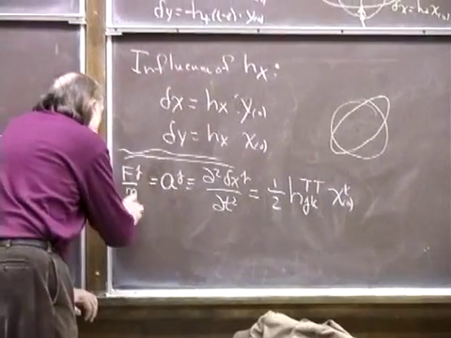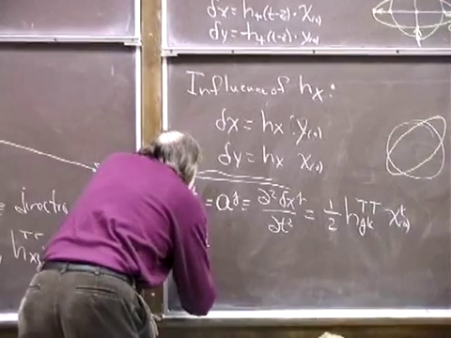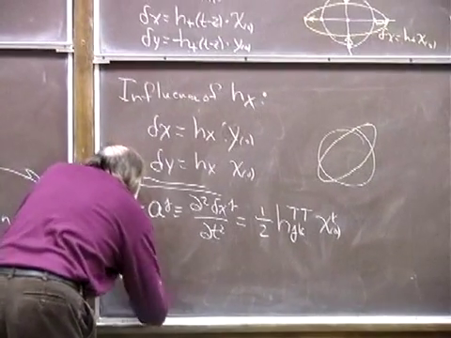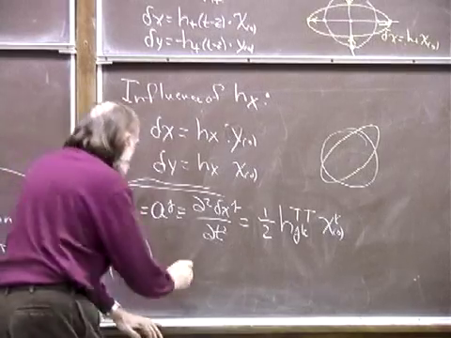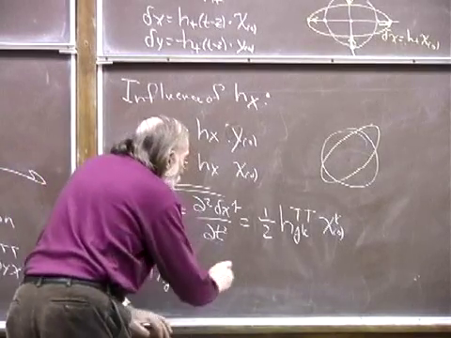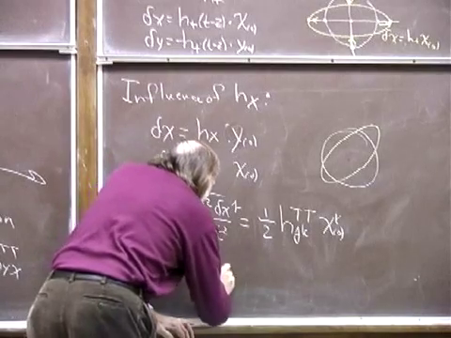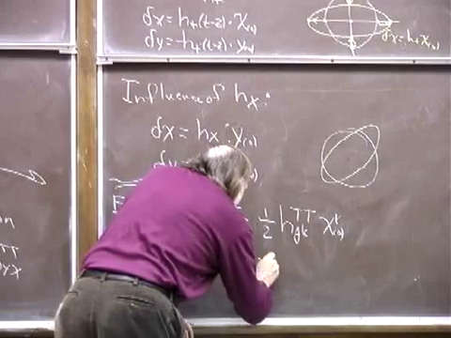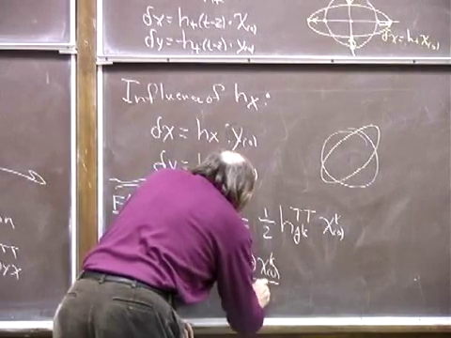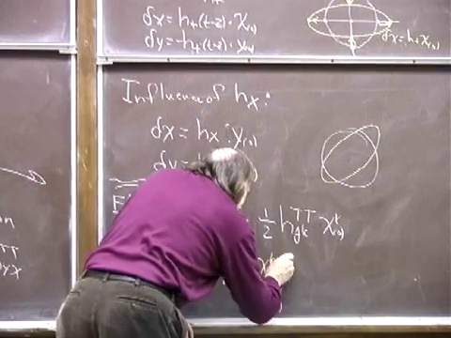And let's notice that this force is divergence free. As you see, because this will be 1/2 h_jk,tt, the partial derivative of x^k with respect to x^j, which is the Kronecker delta.